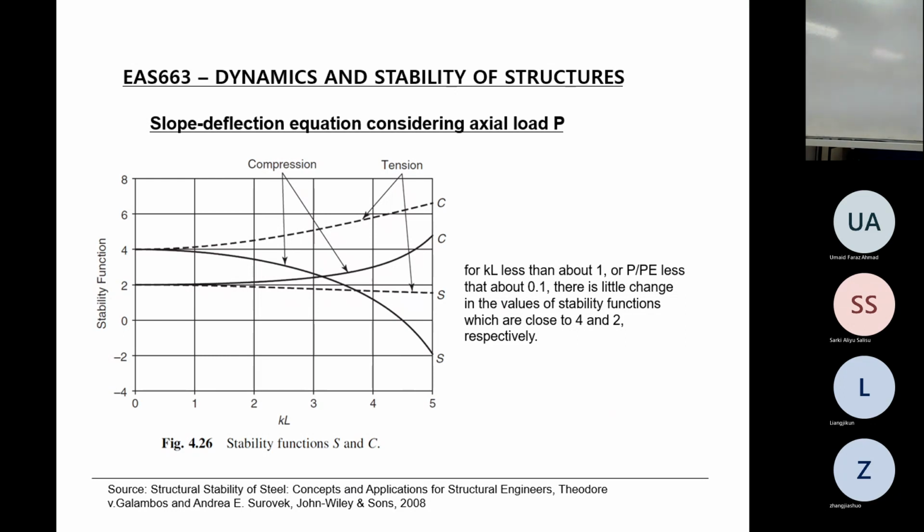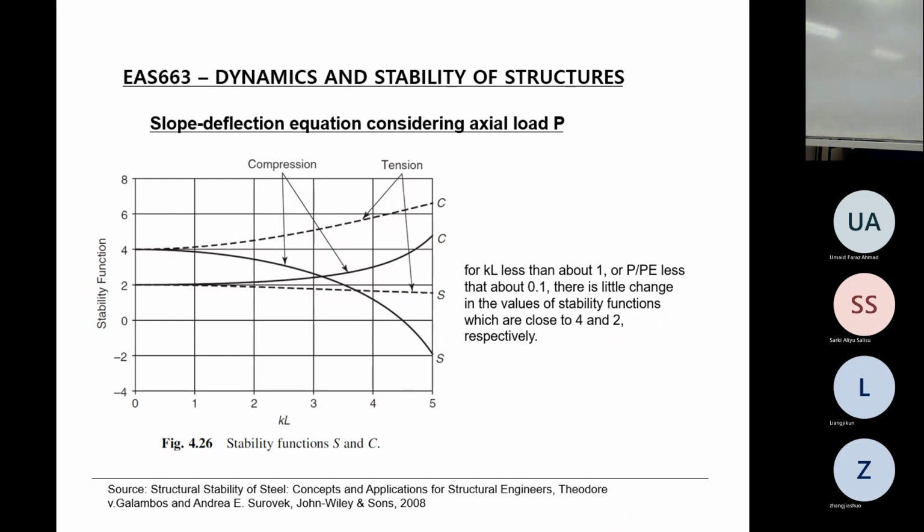This alpha n and alpha f are also called stability functions, because they are related to a member in compression, and can be used to determine P critical.